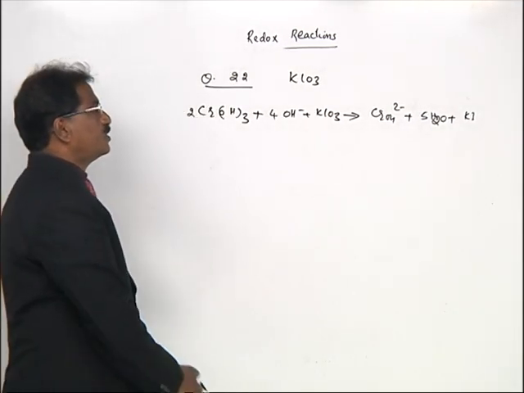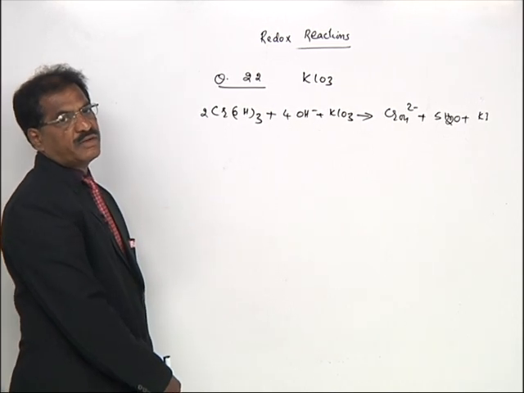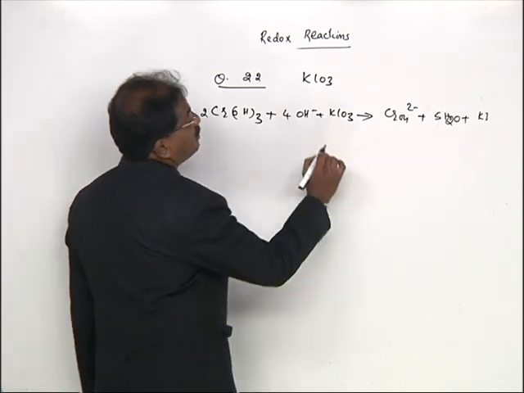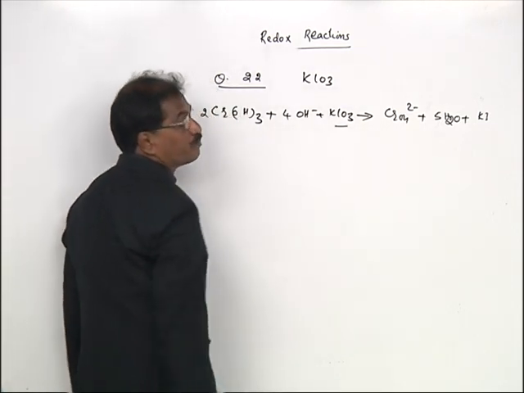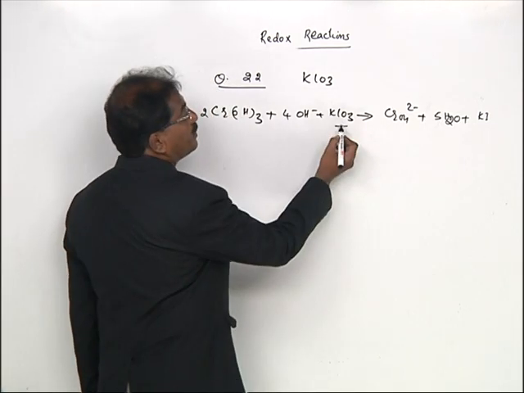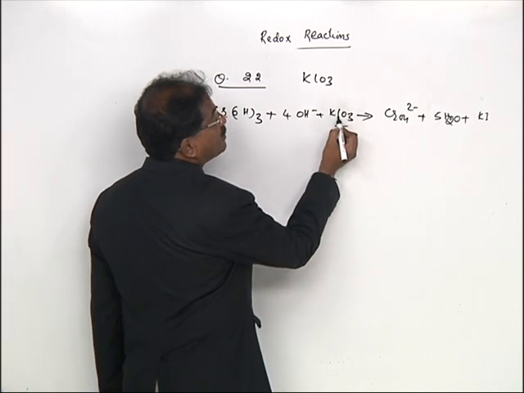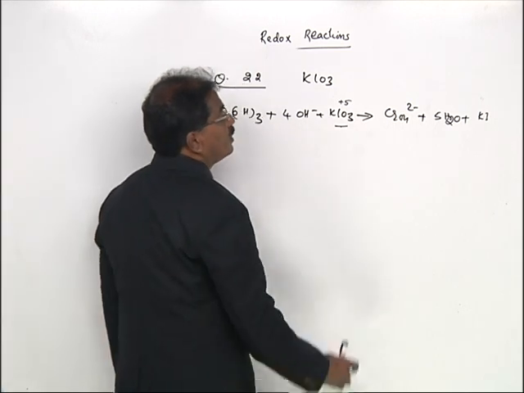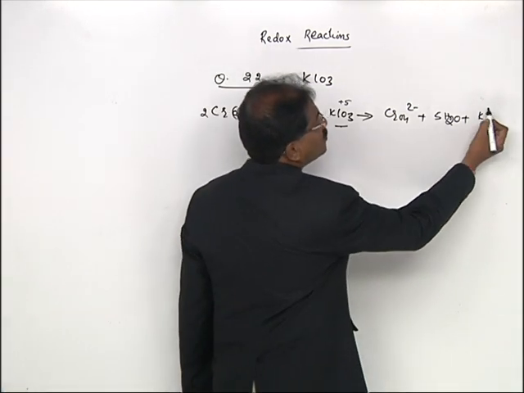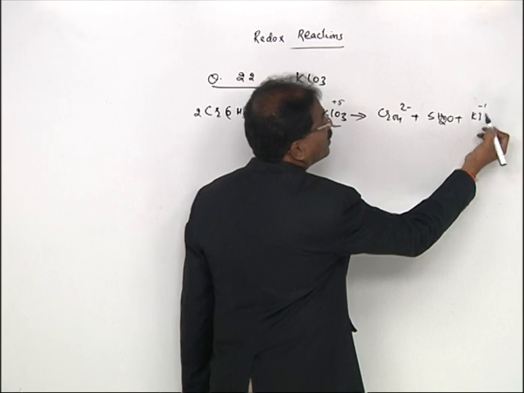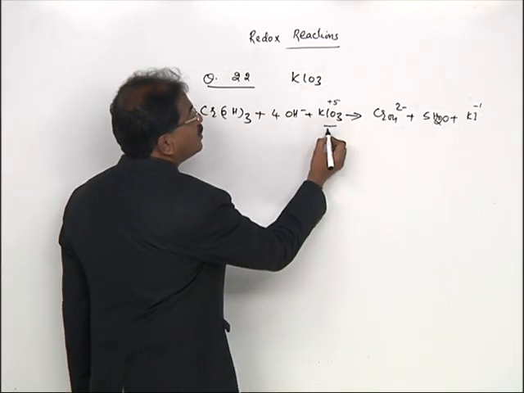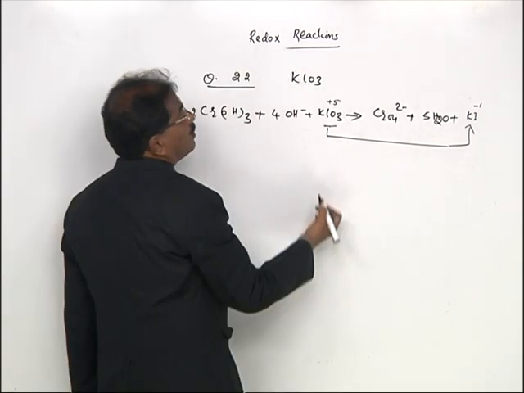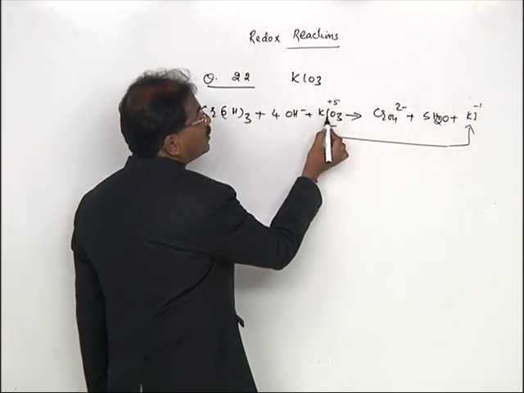In this reaction we want the equivalent weight of the KIO3. So for that purpose, first identify the valence factor of this KIO3. In one molecule of KIO3, one iodine atom is present. The oxidation state of that iodine is +5. Next, on the product side, iodine is shown with the oxidation state -1. Therefore, when this iodine moves from reactants to the product side, this one mole of KIO3 has one iodine.